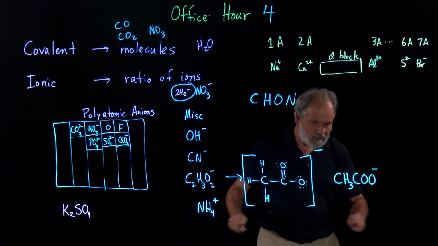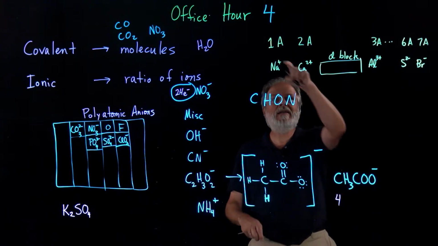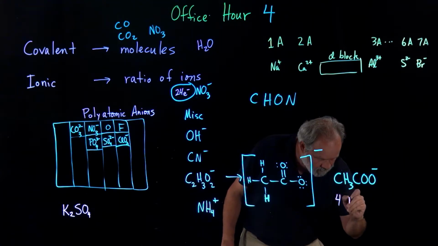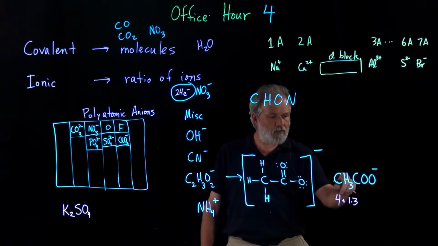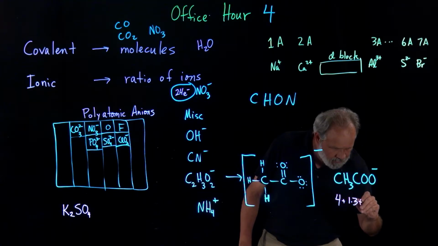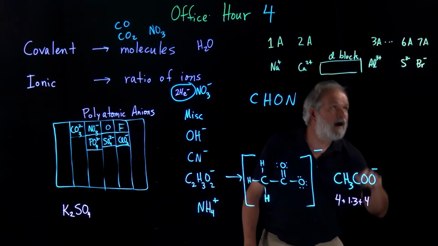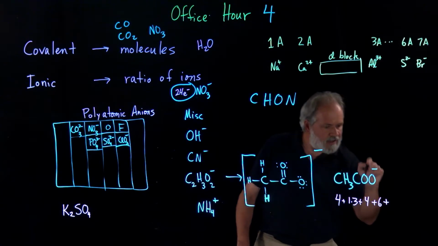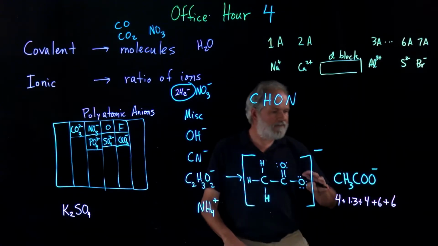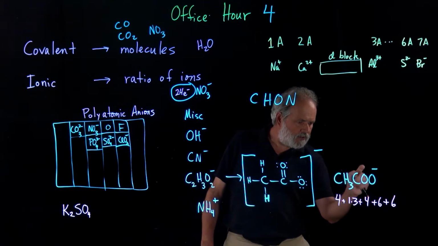All right, so carbon, group 4, 4 electrons. Hydrogen, group 1. There's 3 of them, so we've got to multiply 1 by 3. Another carbon, 4 more electrons because it's in group 4. Oxygen's group 6. This oxygen, group 6. Okay, so from the atoms, 4, 3 times 1, 4, 6, 6.